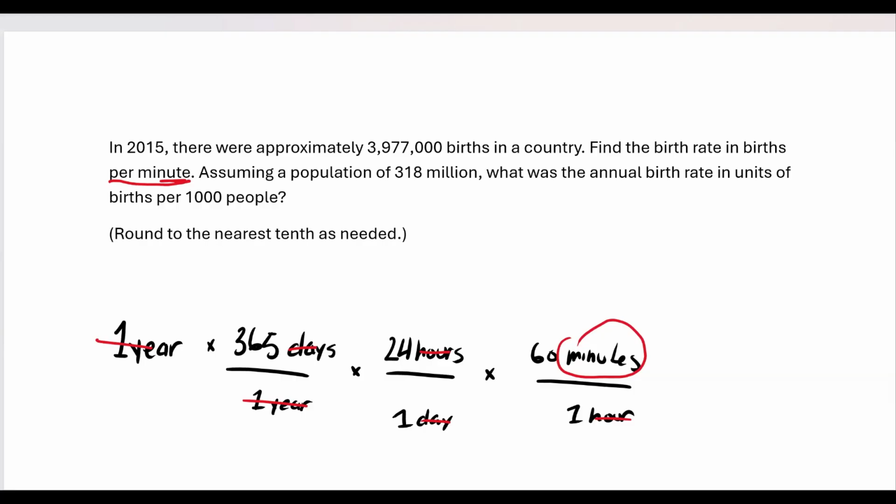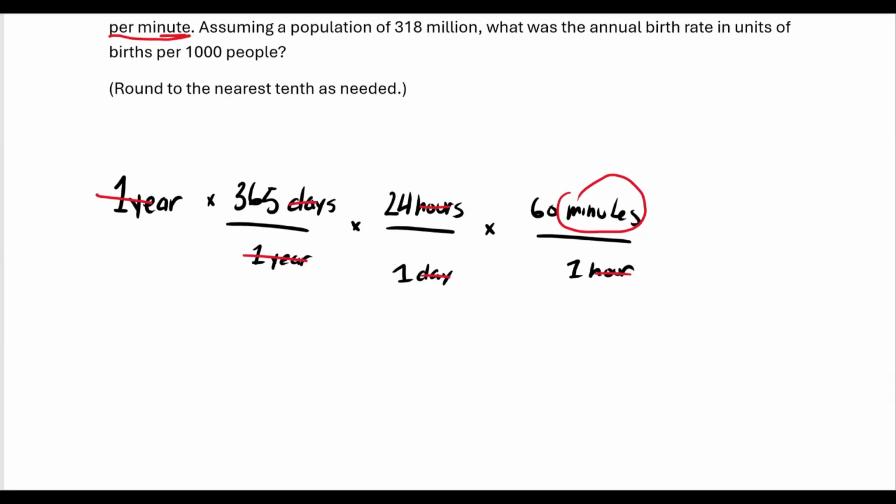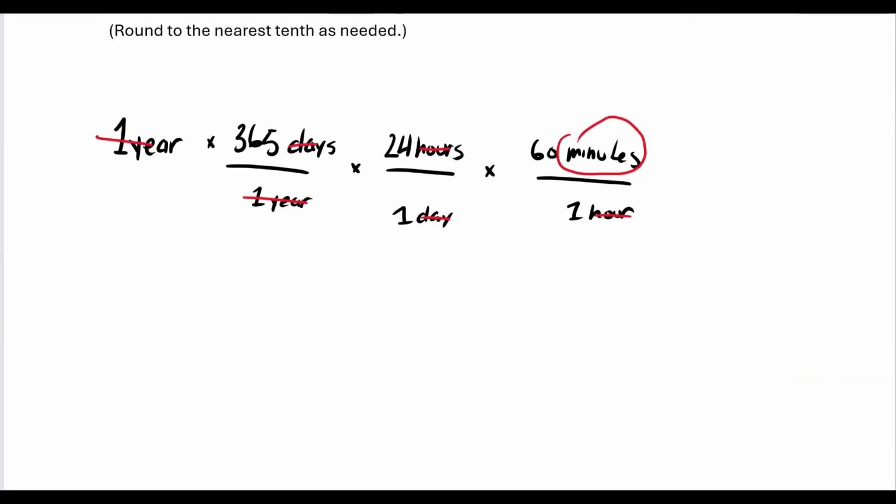So let me rewrite this so it's a little bit neater. Oops, that's not neater, sorry. So I canceled out my 1 year, and I was left with 365 times 24 times 60.